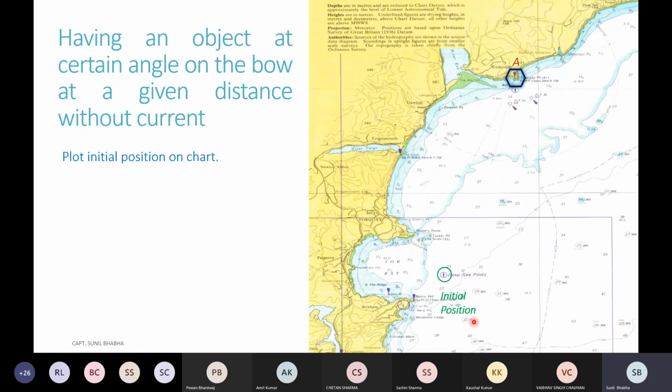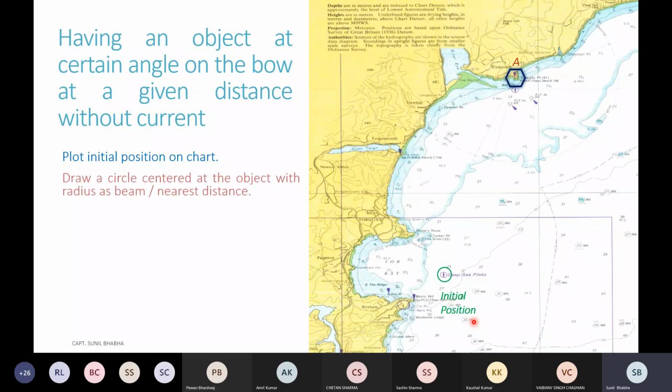We need to find a particular course which we should be steering so that this straight point lighthouse is at a certain bow angle when it is at a given range or given distance off. Now you see in our rough diagram, we have already found out what will be the beam distance or the nearest distance of this particular lighthouse when we are moving on our planned CTS.